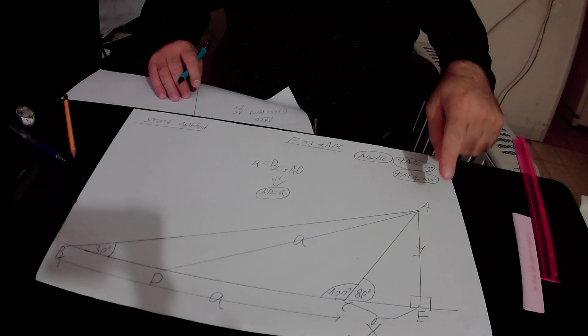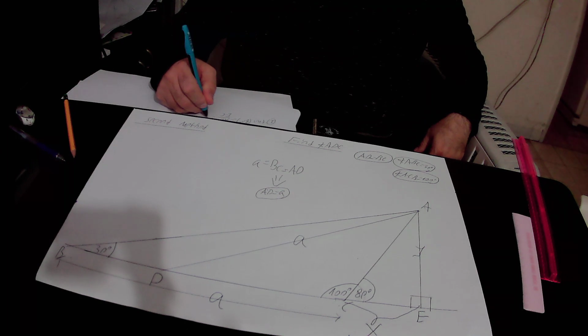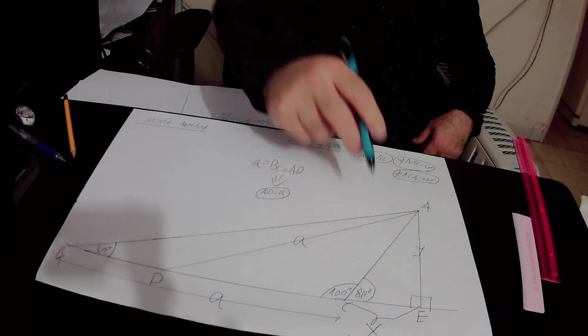But AE equals Y according to our definition, so we will substitute AE by Y. And EC equals X according to our definition also.